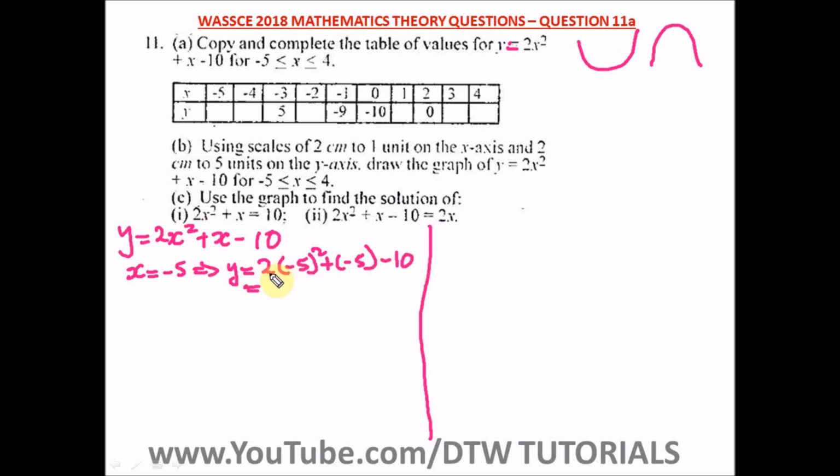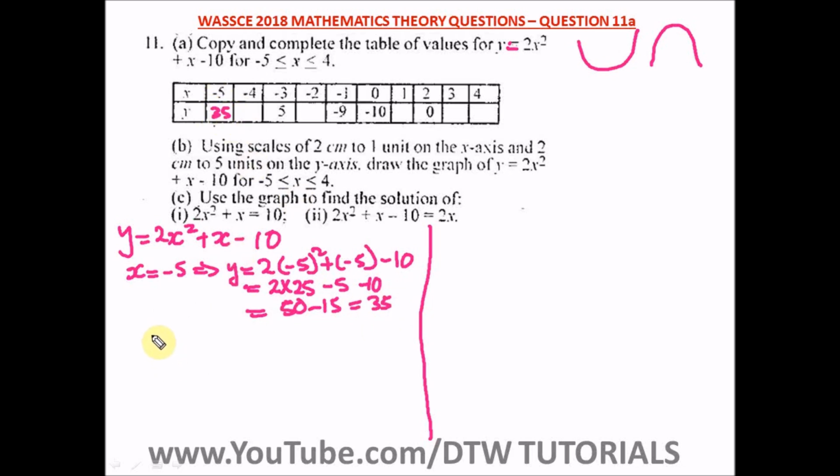From here, this is 2 times 25, is that not it? (-5)² is 25, the minus will cancel out. This plus multiplied by this negative here will be -5, then -10. So you are left with 2 times 25 which is 50, and -5 minus 10 is -15. So it's equal to 35. So our first value here is 35, so we write 35 here.